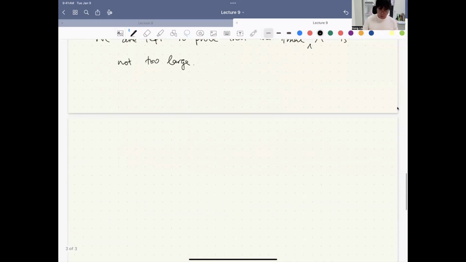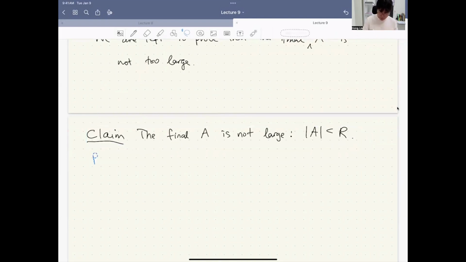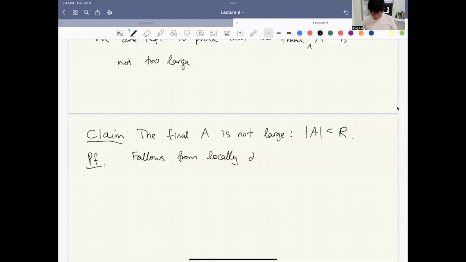Okay, let's start with a new page. So as I said, it follows from locally denseness.